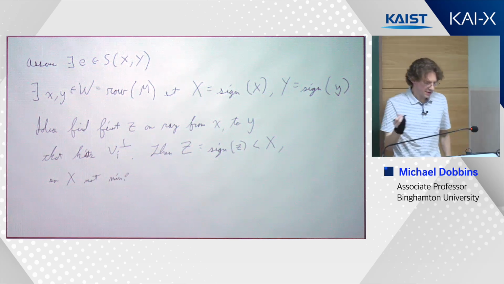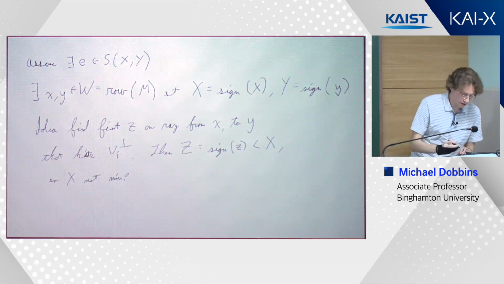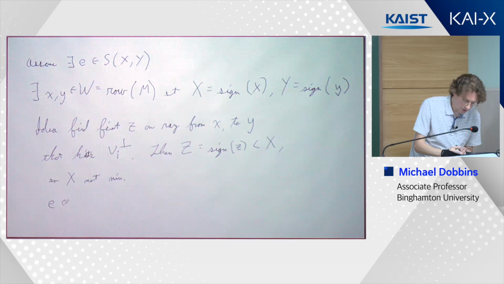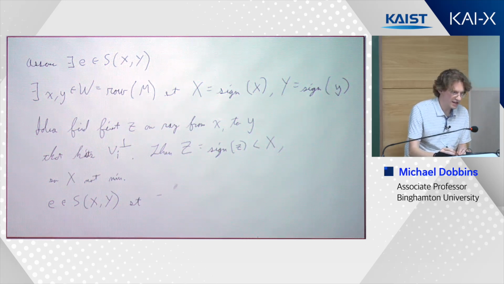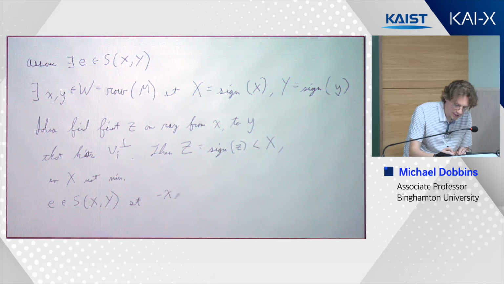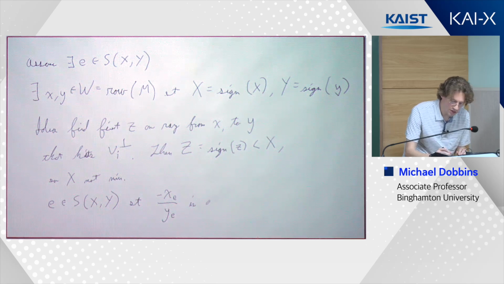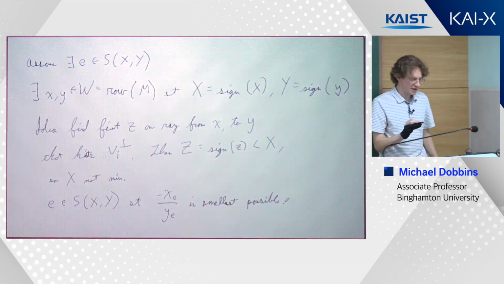And we could explicitly find this by looking for the E, the element in the separating set, such that negative x sub E divided by y sub E, the eth coordinate of x divided by the eth coordinate of y, is the smallest possible.